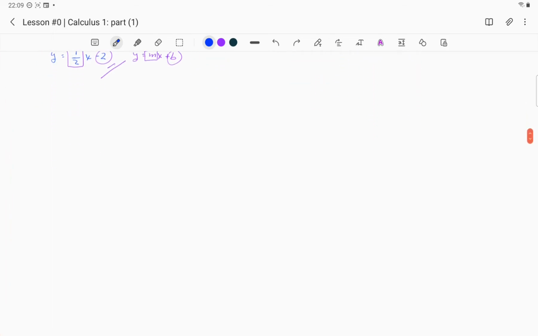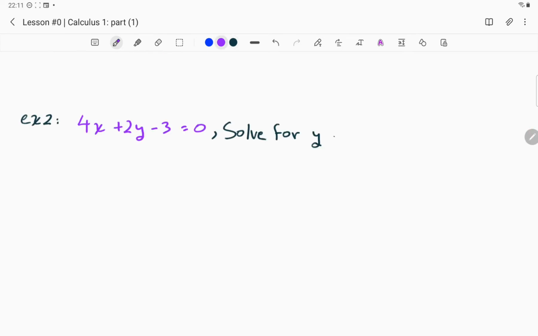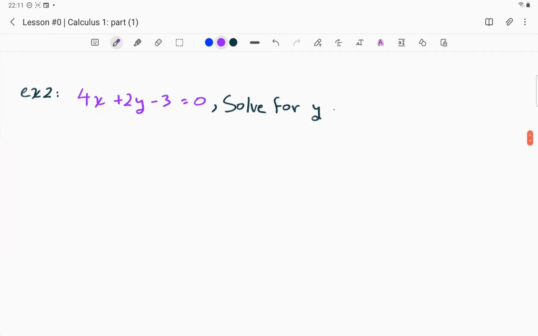Now let's go on to the next example that he mentioned in the video. Here we have a binomial, and they tell us to solve for y.